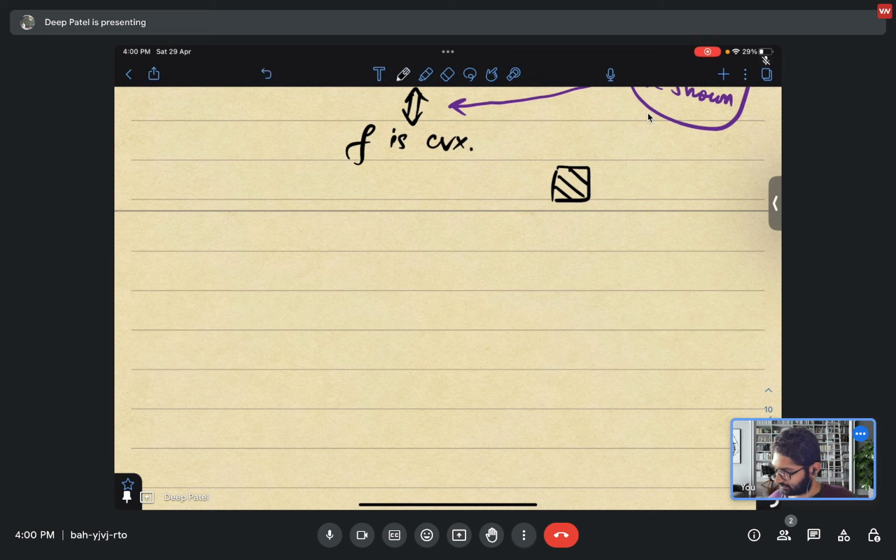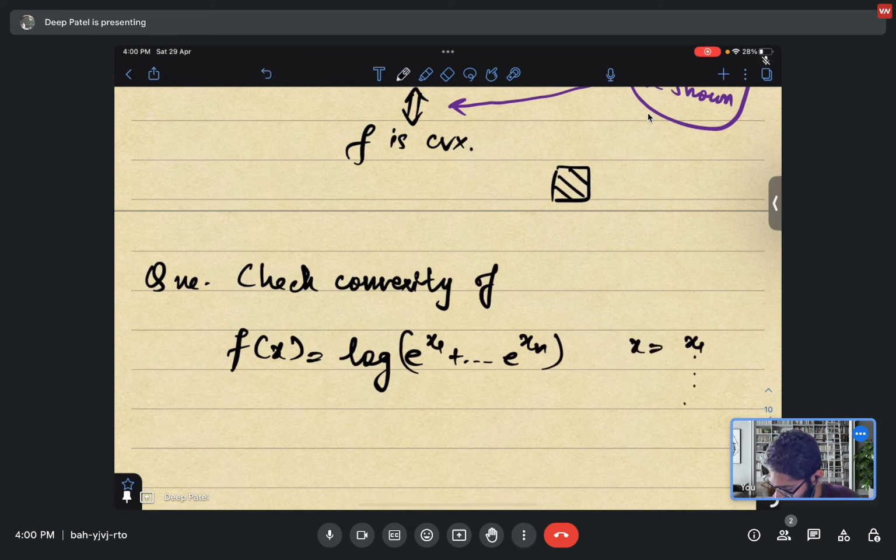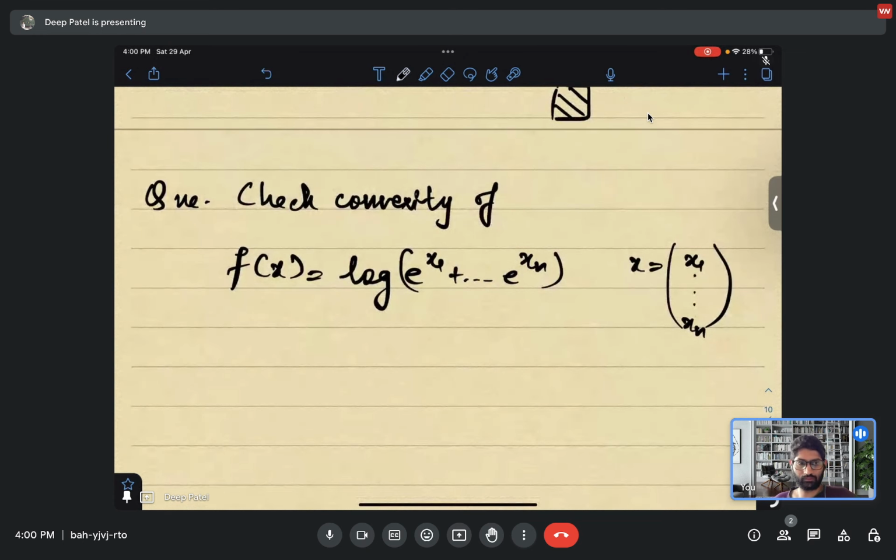So the question is, prove or check the convexity of f of x equals log of e to the x1 plus ... plus e to the xn. So x is an n-dimensional vector. Log of sum of exponentials.